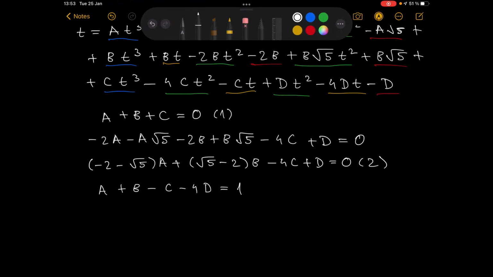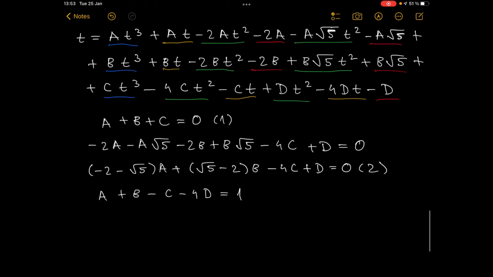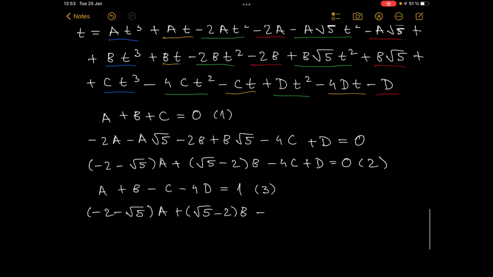So in other words, our last equation will be that minus 2 minus the square root of 5 times a plus the square root of 5 minus 2 times b minus d is equal to 0.